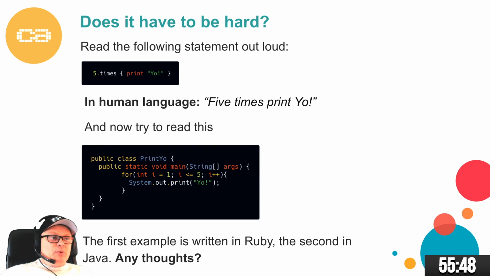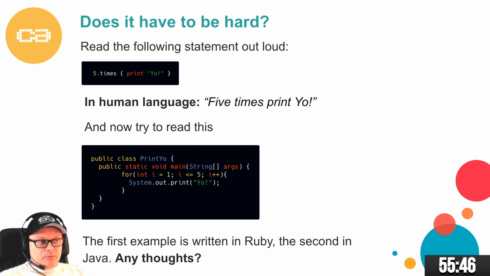Now, if we think about these small examples that we have on the screen, one of them is written in Ruby and the other one is written in Java. Not JavaScript by any chance, but Java, right? If you take a look at the one written in Ruby, it's one line, and it says 5 times print yo.